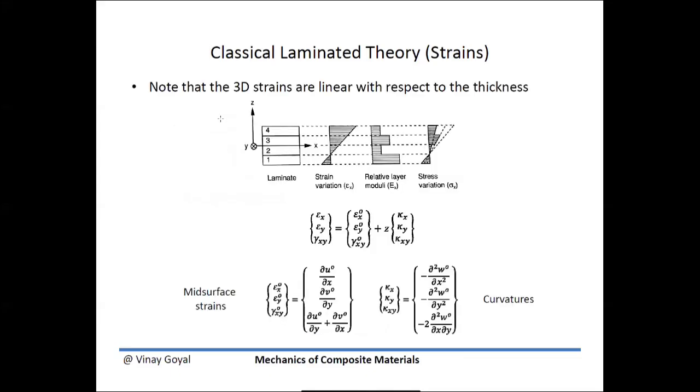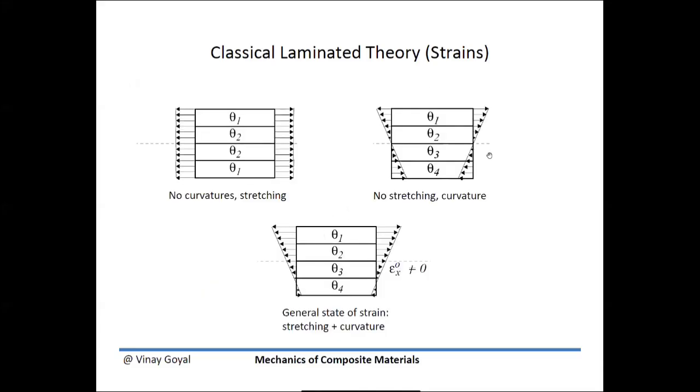If, on the other hand, I have no stretching, I only have curvatures, then the strain distribution through the thickness is going to look like this. Okay. And then, if I have stretching plus curvature, just add this plus that, and it is going to generally look like this. Okay. So again, it's important to understand what the strain is doing to the laminate.